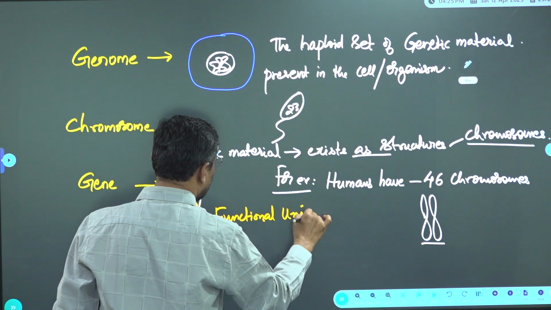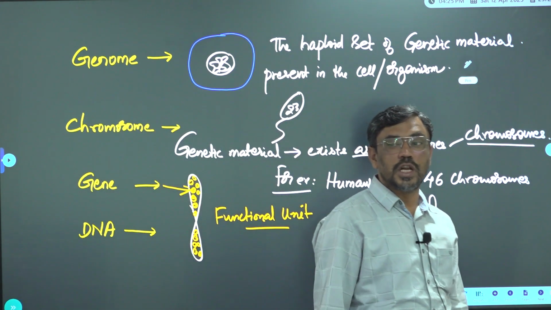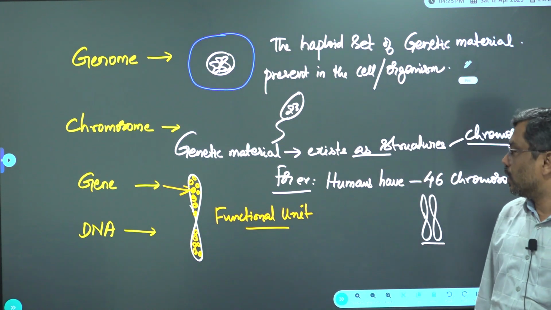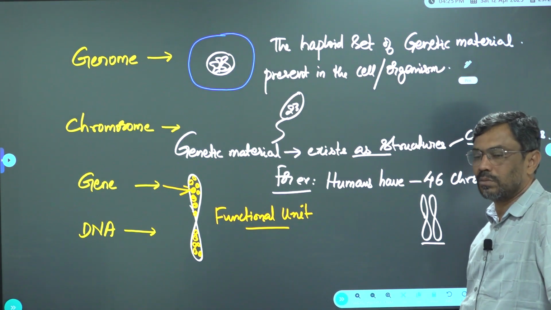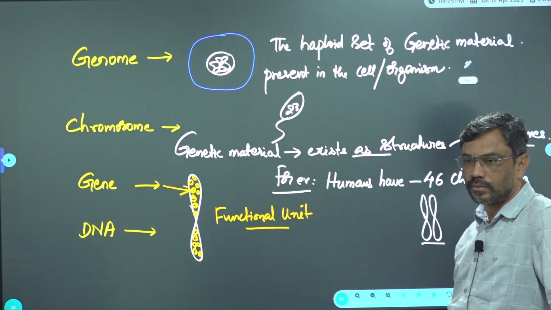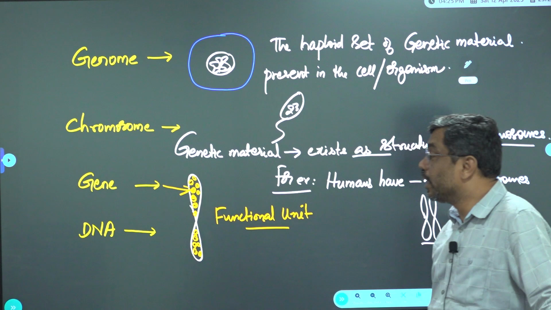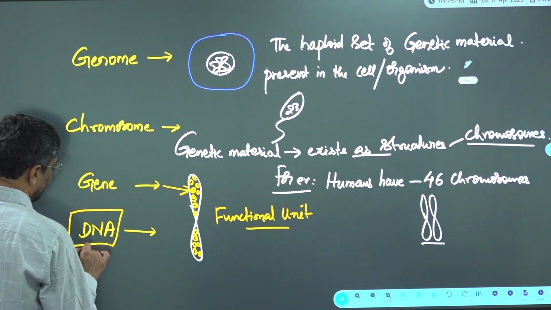The functional unit of the genetic material, the functional unit of the chromosome, that is called a gene. Then what about DNA? DNA is the genetic material.